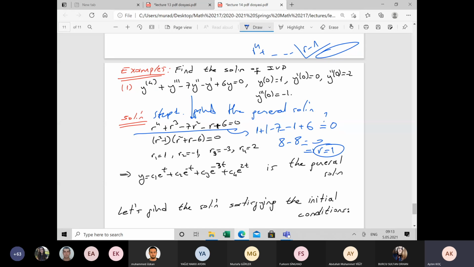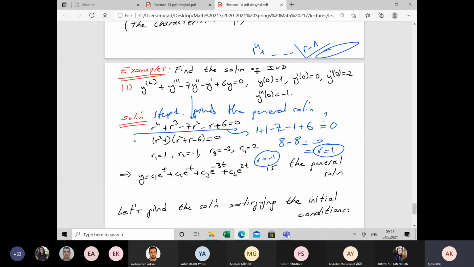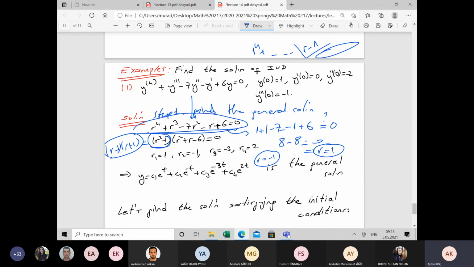Using the division algorithm, divide by r minus 1. We check that r equal to minus 1 is also a root. So r minus 1 times r plus 1, that is r squared minus 1, is a factor of this polynomial.